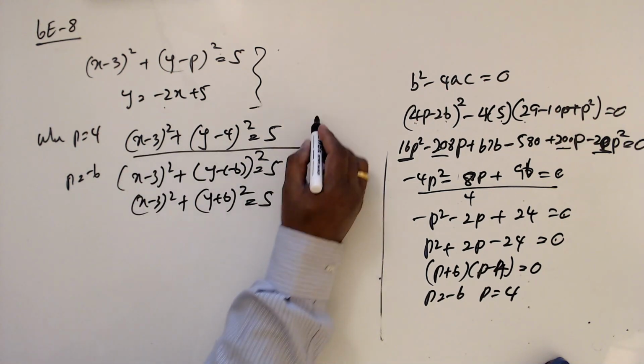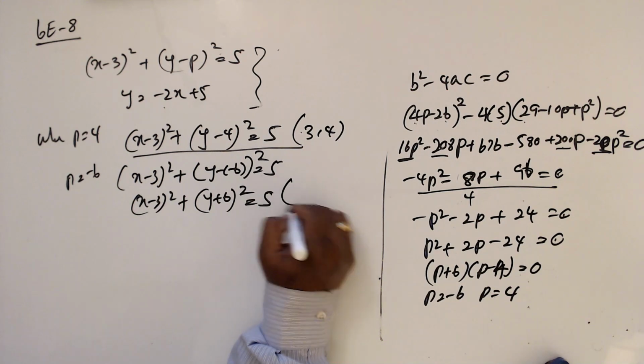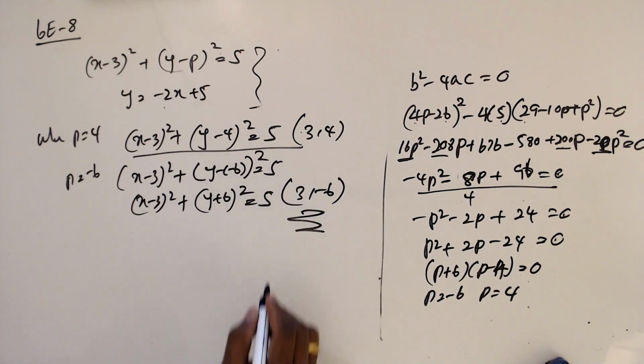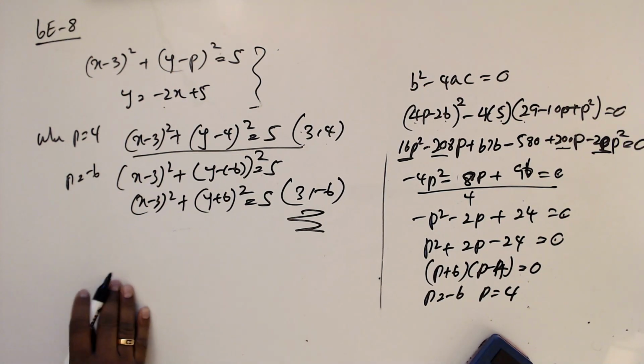From here the center is going to be (3, 4), and from here the center is going to be (3, -6). So you can draw the scenario and see what is going on.